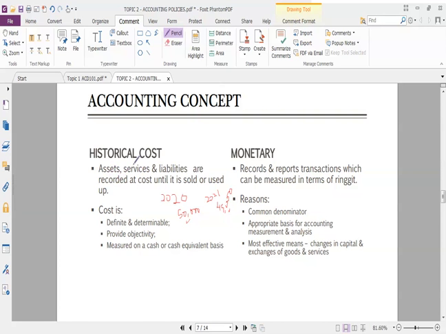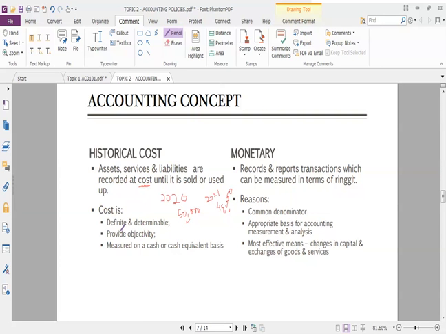So we are using the historical cost until it's sold or used up. The amount that we record in the financial statement is the amount that you first bought that asset, or the loan you made, that is a liability. You must record the amount at cost.